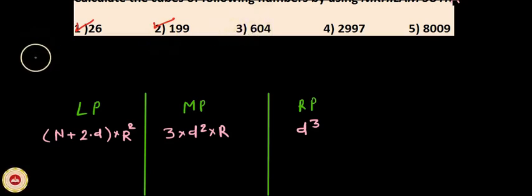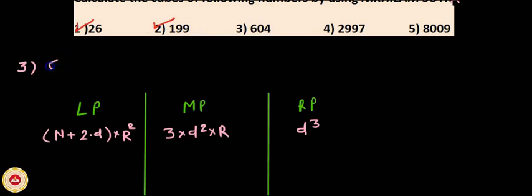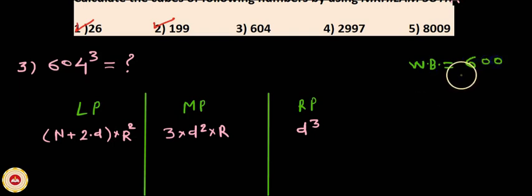Third example is 604. Let us calculate cube. So first of all, find nearest base for a given number 604. Clearly, working base for given number 604 is 600. 600 is 6 multiple of 100.